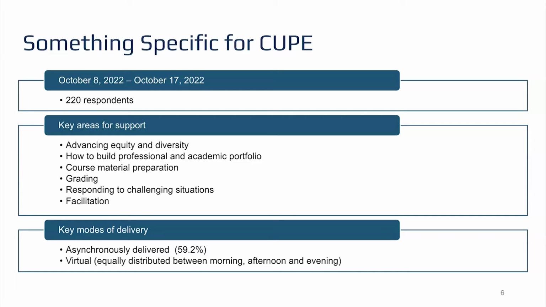The first one was support around advancing equity and diversity, support around building a professional or an academic portfolio, making sure that there was support around material preparation for courses, grading, responding to challenging situations, and then facilitating in the classroom.